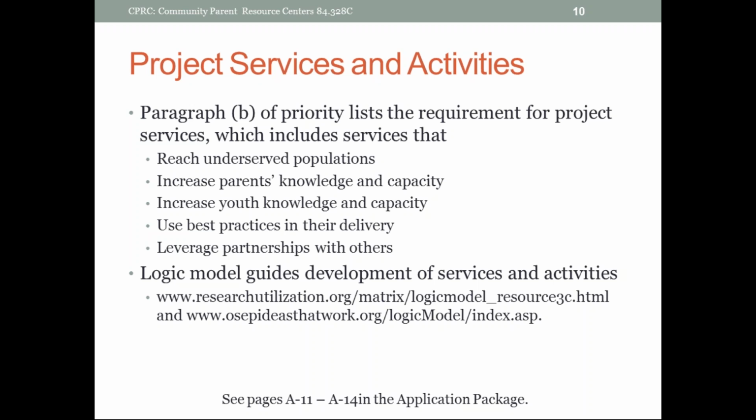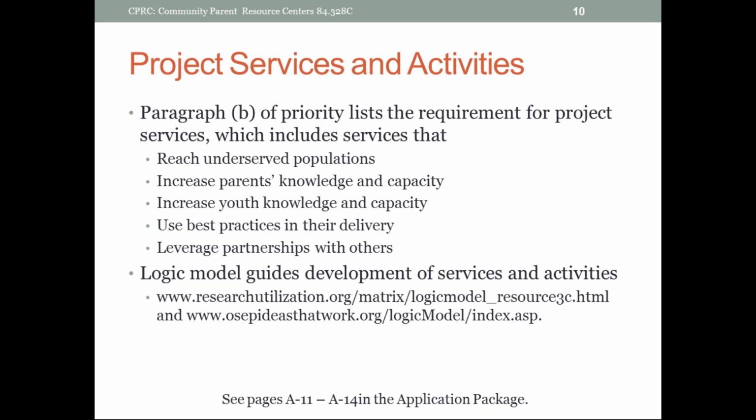Part B of the priority lists the requirements for the project services. In general, the services you are providing have to be able to reach underserved populations. By definition, you're saying you want to have a community parent resource center because this particular community, these particular parents, are really underserved and they are isolated from available sources of information and resources.